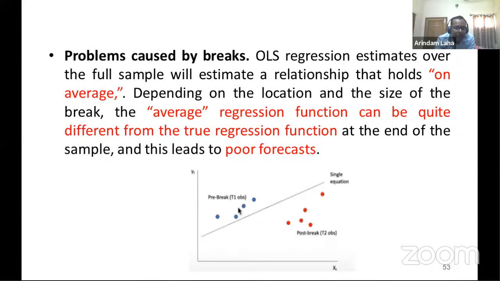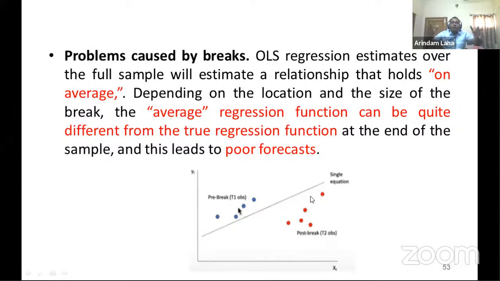Over a long time period, there are no such changes in the relationship. The intercept and the slopes will remain the same over the entire time period. This is the basic assumption in the Wales equation.